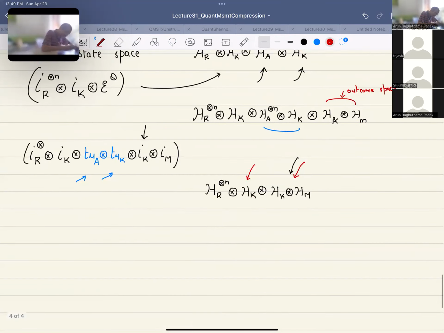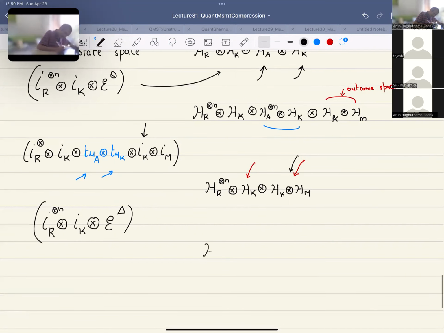So what is the operation now? The operation now is IR tensor N, tensor IK, tensor. Now Bob has done the E delta operation, right? So this is E delta. What will come out? Well, nobody touches the reference space.